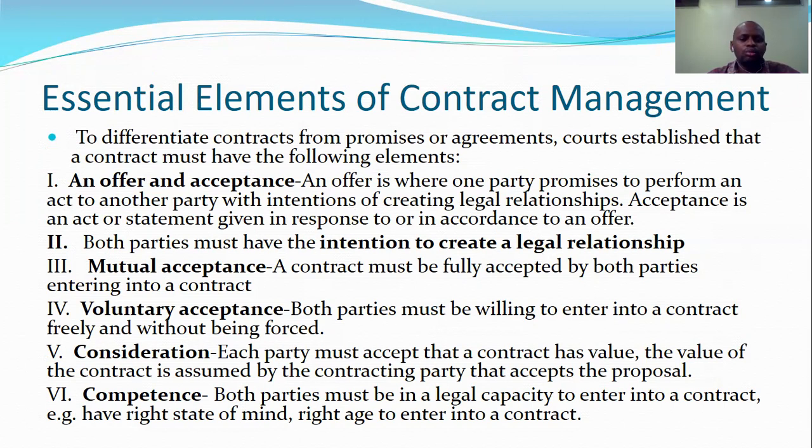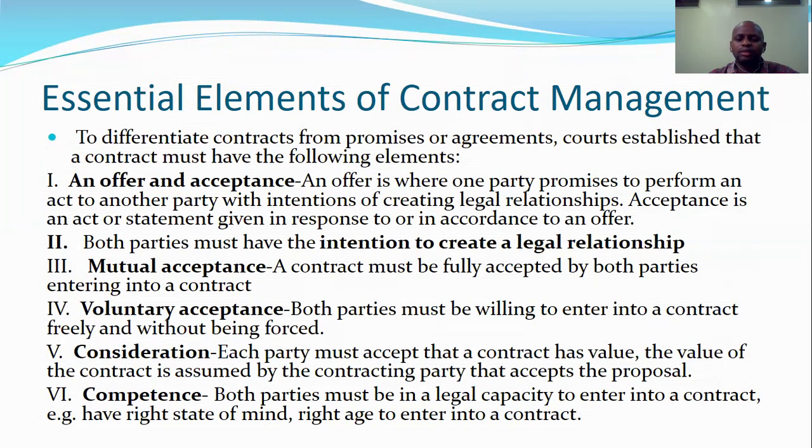There must also be mutual acceptance by both parties, and a contract must be fully accepted by both parties entering into it. Then we also have voluntary acceptance. Both parties must be willing to enter into a contract freely and without being forced. Then the other aspect is consideration.